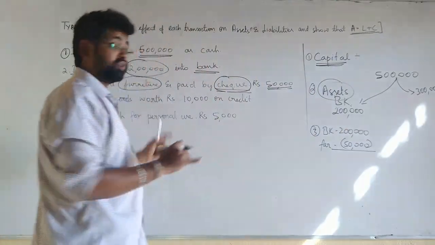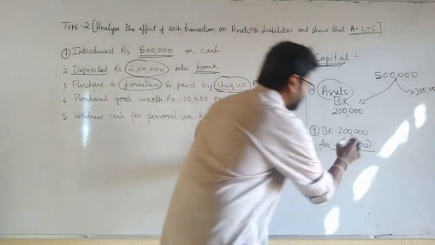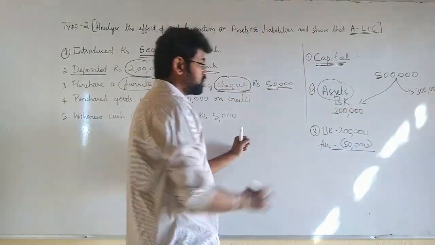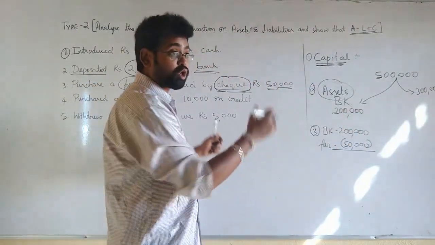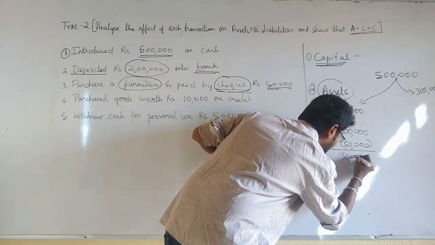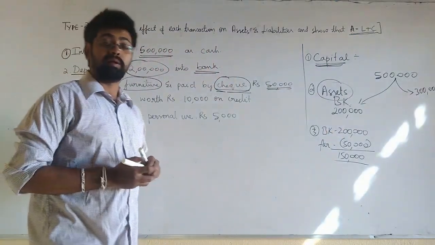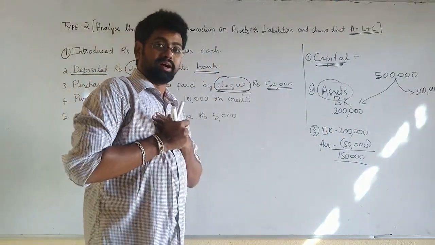I repeat, when you are paying through the check to somebody or for some purpose, the amount in your bank will reduce. So ಈ 50,000 ನಾವು ಕ್ಯಾಶ್ ಕೊಡಬಹುದು, ಚೆಕ್ ಕೊಟ್ಟಿದೀವಿ. So how much is there in the bank account now? 1,50,000. Okay, so 1,50,000 amount is there in our bank account now.